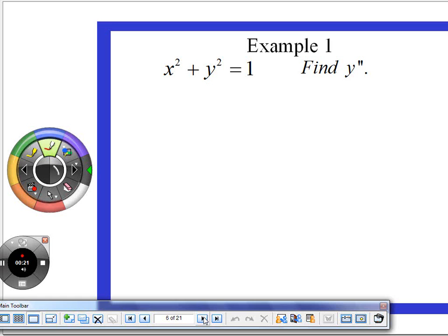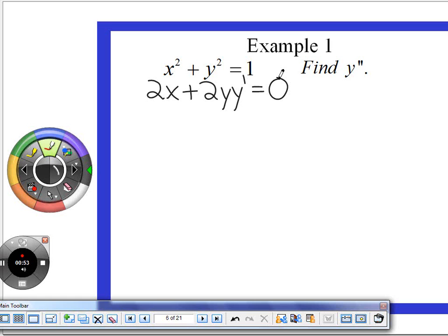We have x squared plus y squared equals 1, and we want to find y double prime. So first, we need to find the first derivative. This would be 2x plus 2y prime, and on the right side, of course, that would be equal to 0.